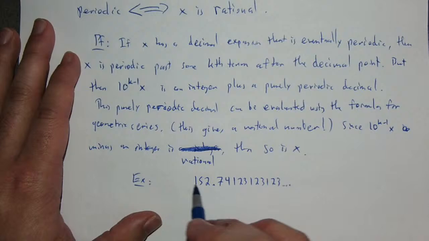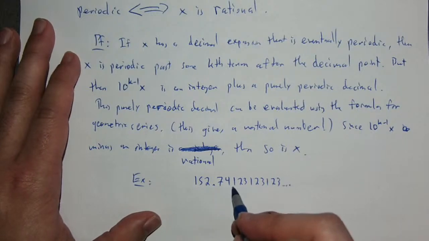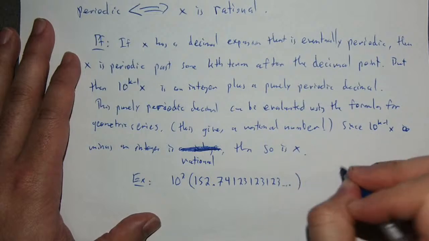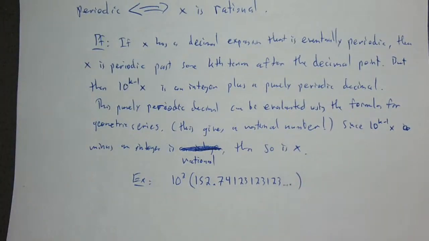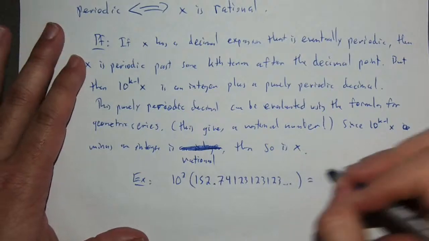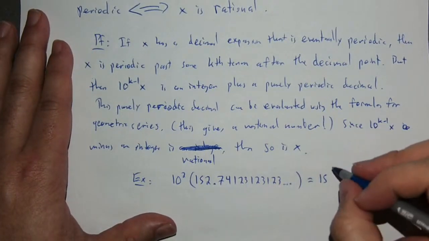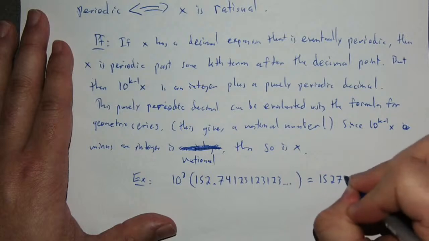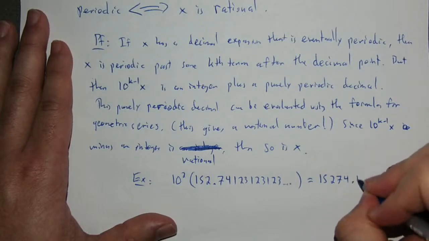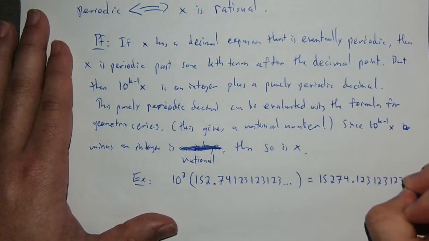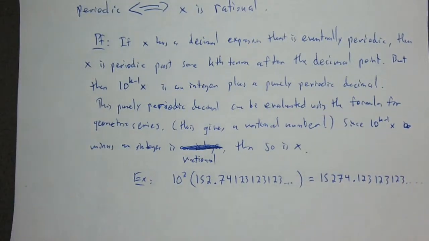So I need to multiply this by 10 squared to move the decimal over here. So I multiply by 10 squared. So multiplying by 10 squared here, I get 15,474.123123, and so on. So now it's purely periodic.